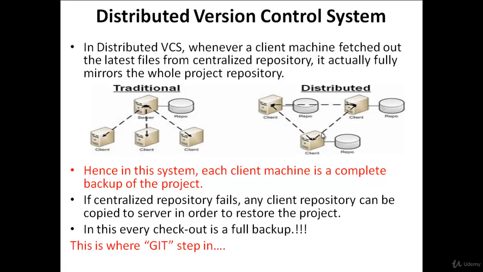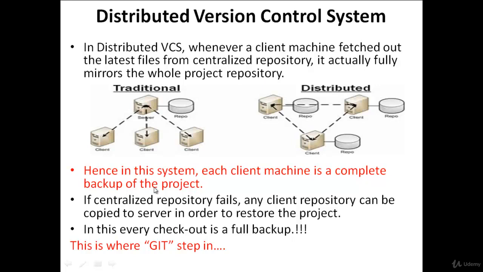So each system will have a backup of the entire repository code and files that are maintained via the distributed version control system, right? In this case, each client machine is a complete backup of the project.